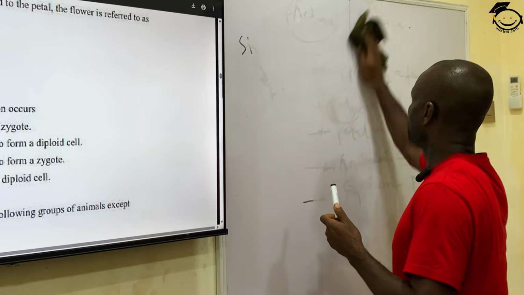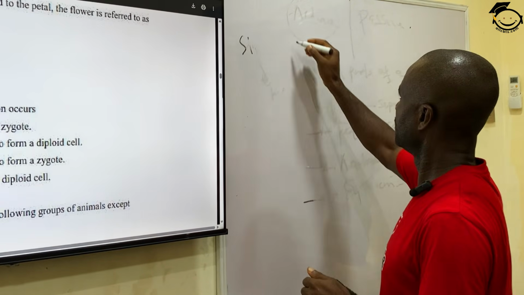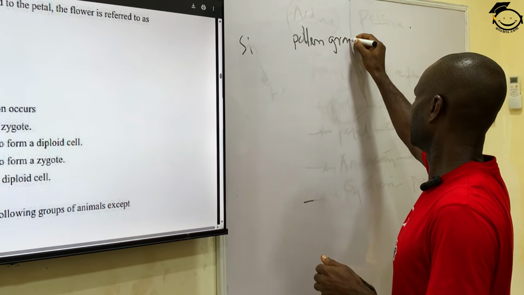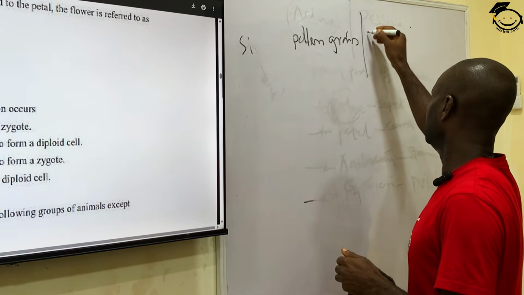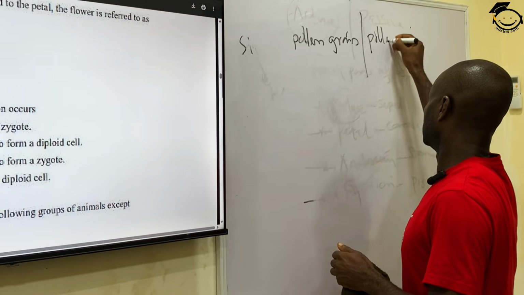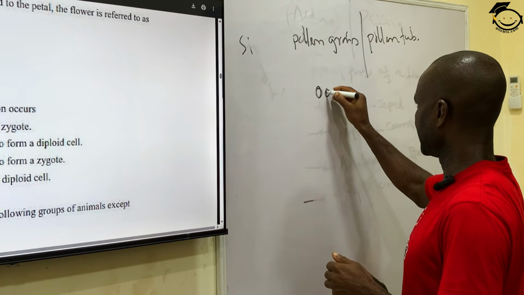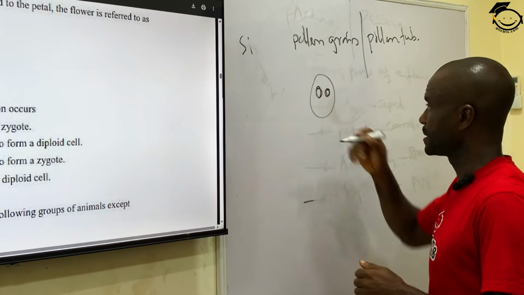We have the male pollen grain, which contains the pollen tube, which has two nuclei, that is two cells in it.